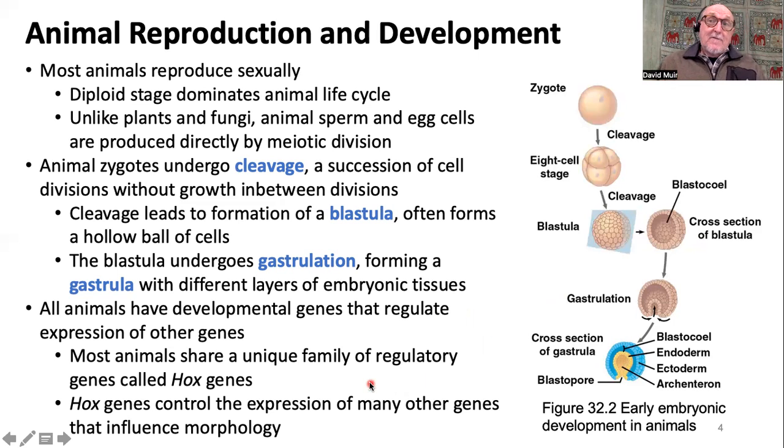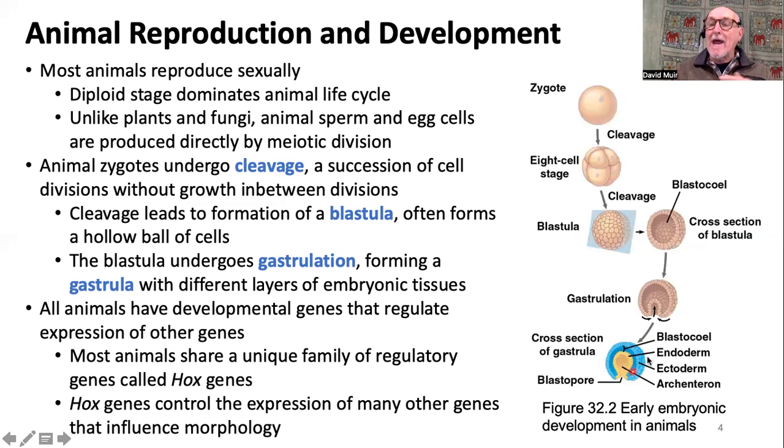So all of these very complex processes are governed by sets of developmental genes. I'm only going to mention the name of the gene, not describe its functions. But in the early stages of development, a set of genes called the Hox genes regulate development. And they regulate development largely by monitoring the position of cells relative to one another.